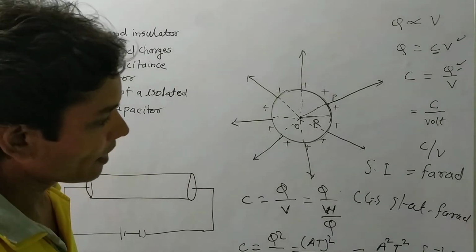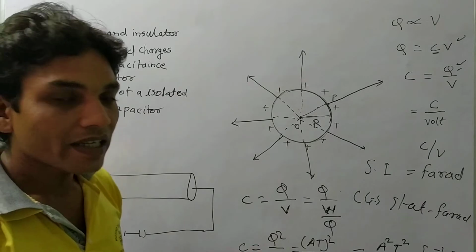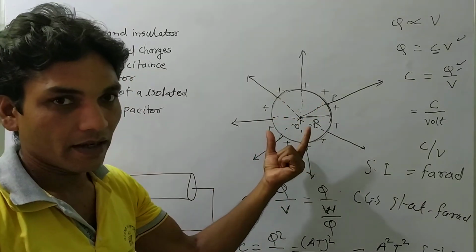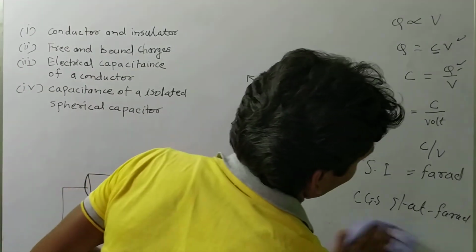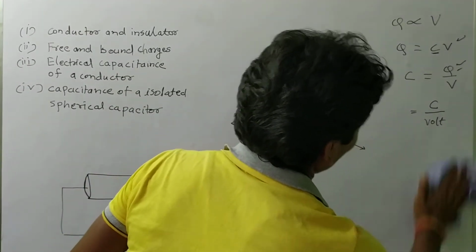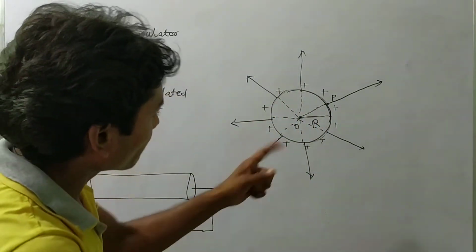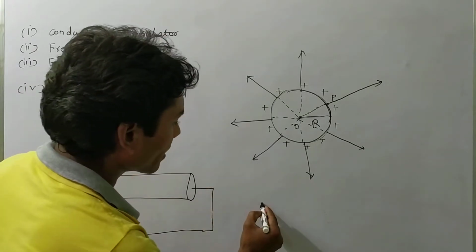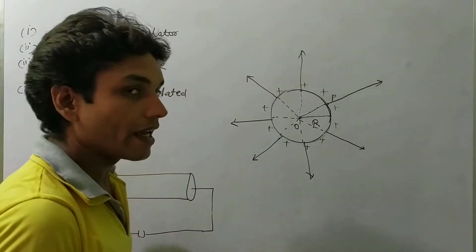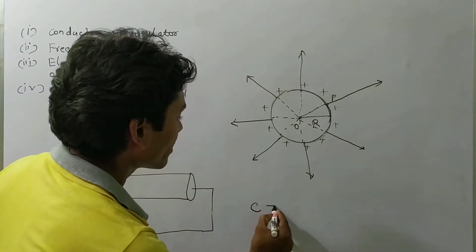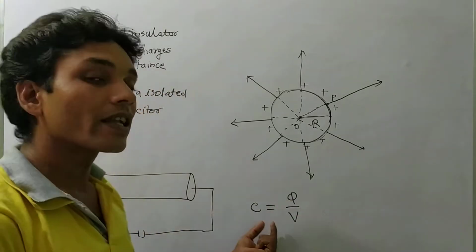Okay, now we have to find the capacitance of a spherical conductor. The capacitance, or electrical capacitance, of the conductor is C equals Q upon V. This is the electrical capacitance.